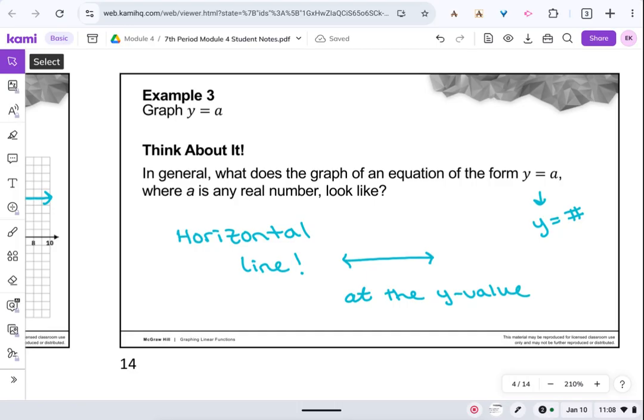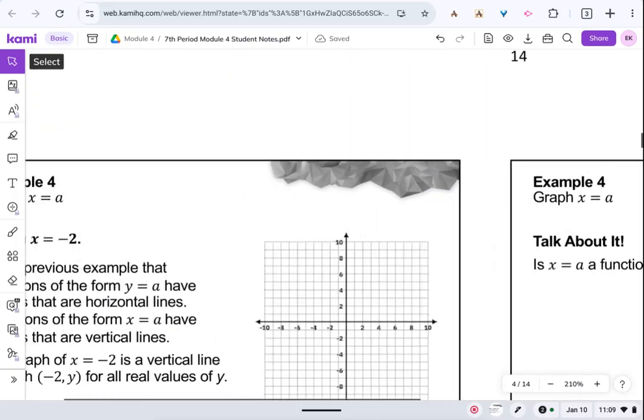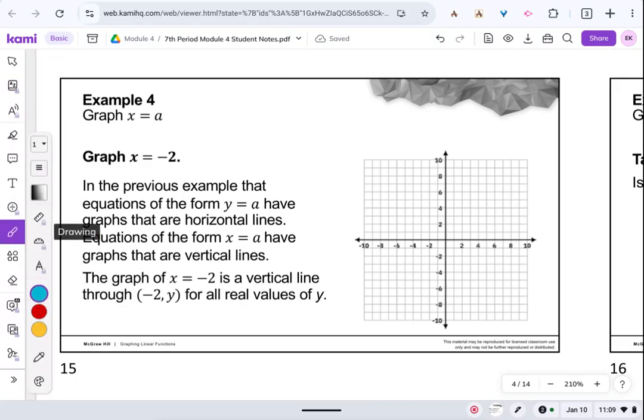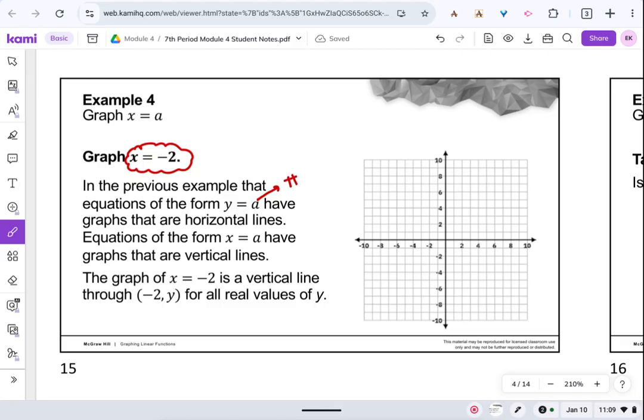Now, looking at this next slide here, this is talking about an x equals number equation. So now this is talking about x equals -2. So if we read in the previous example that equations of the form y equals a, or just y equal to some number, they have graphs that are horizontal lines, okay? So y equals a number is left to right graphs.